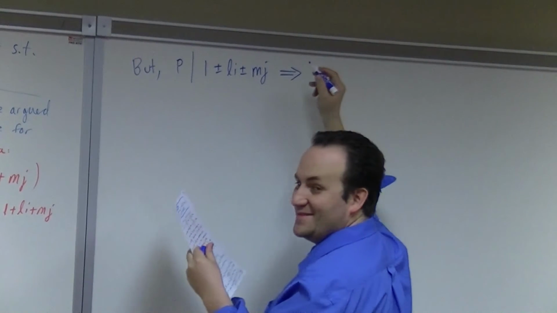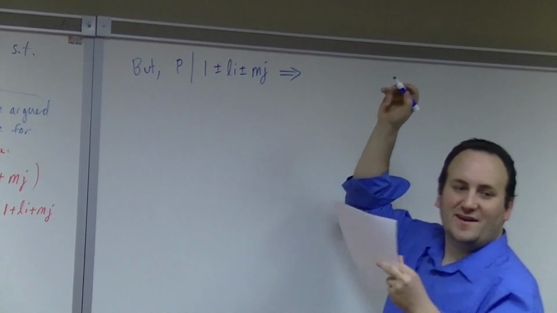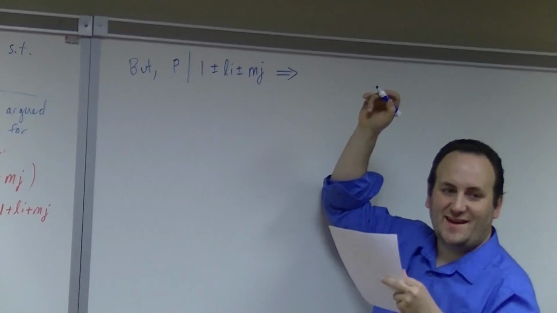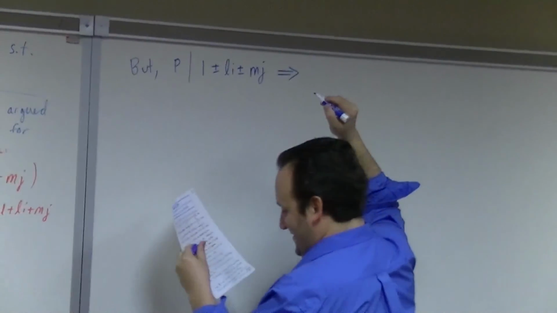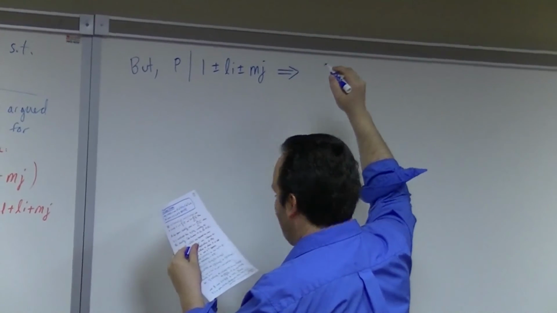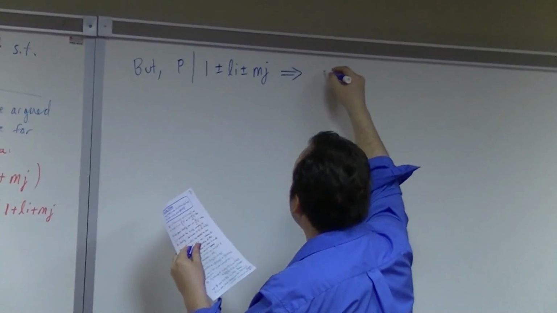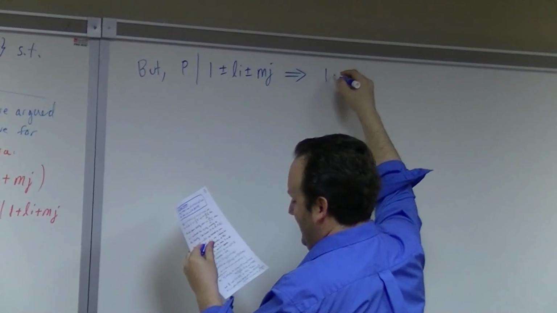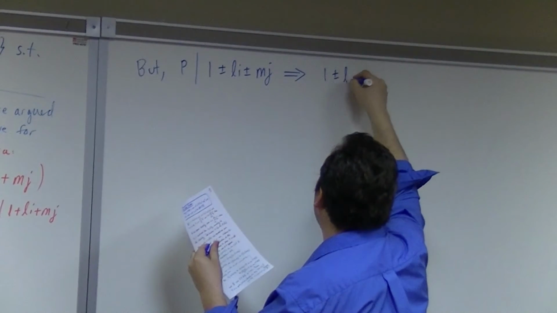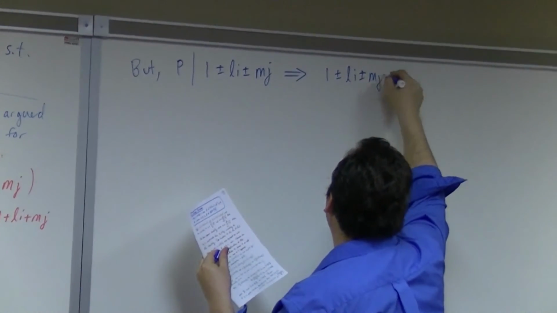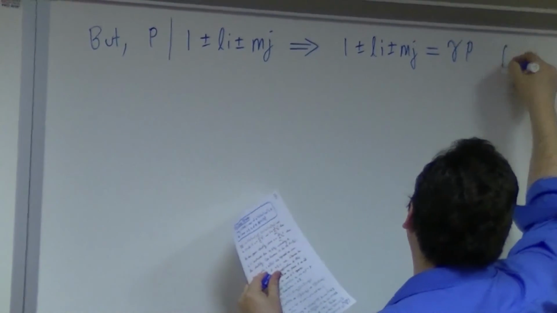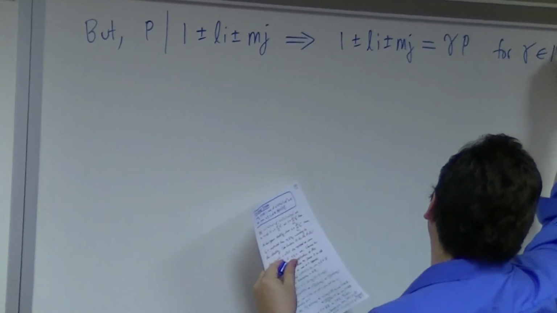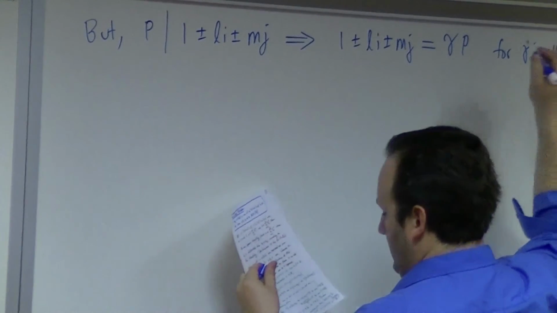Yeah, there's probably other ways of arguing this. Are you thinking in terms of the x plus i, x minus i homework problem we recently had? I have a slightly different argument here. Let me follow it, and then I will think about yours. So 1 plus or minus li plus or minus mj is equal to gamma p for some gamma in the Hurwitz integers, right?